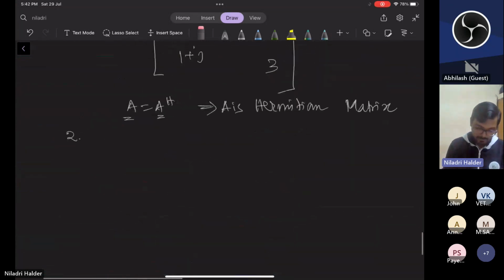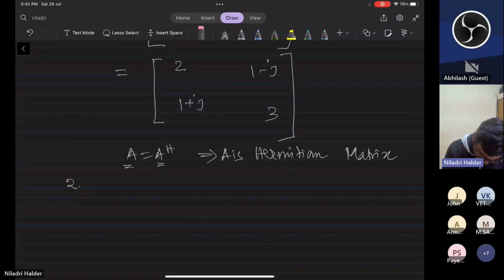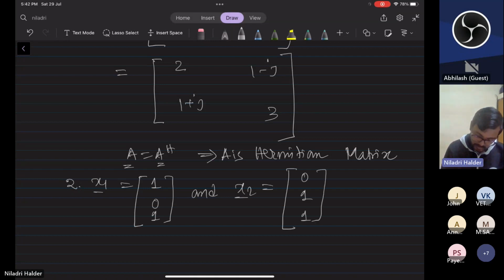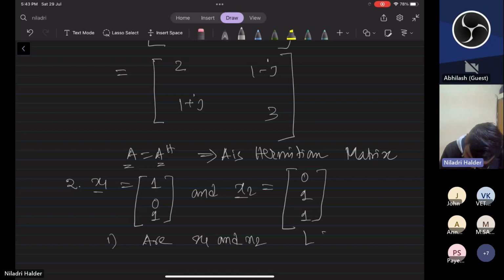So the second question is, suppose there are two vectors, x1 equals 1 0 1 and x2 equals 0 1 1. The first question is, are x1 and x2 linearly independent?